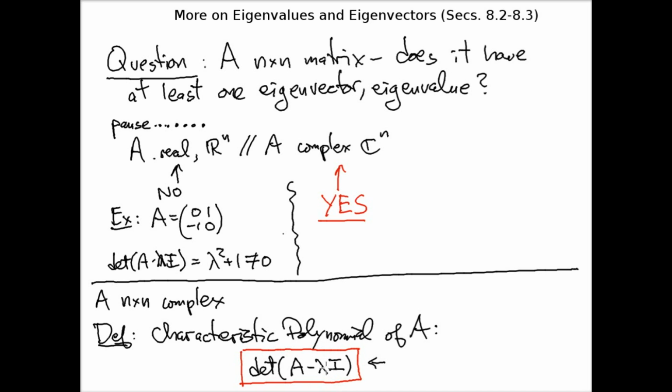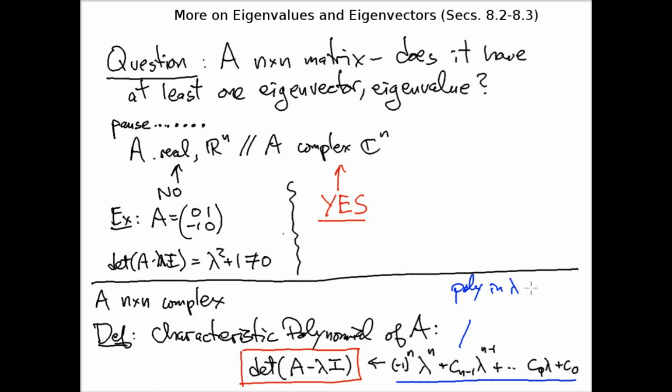If you expand it in terms of lambda, the leading term is (minus 1) to the n times lambda to the n, plus c_(n minus 1) lambda to the n minus 1, plus and so on, down to c_1 lambda plus c_0. It's a polynomial in lambda of degree n.